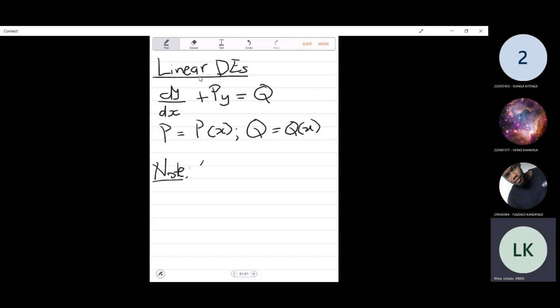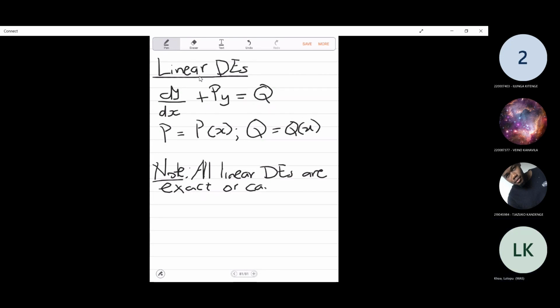Now something we should note is that all linear differential equations are exact or can be made to be exact. So that means if the way the question is given, our linear differential equation is already exact, then you can solve it as an exact differential equation.